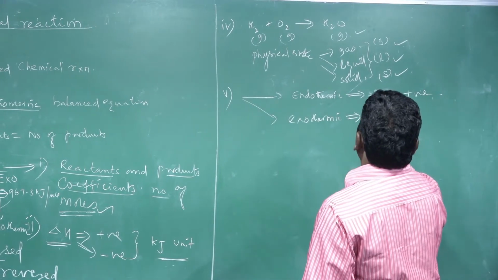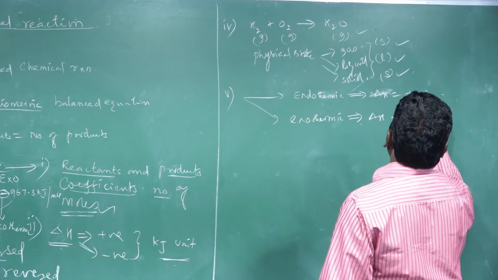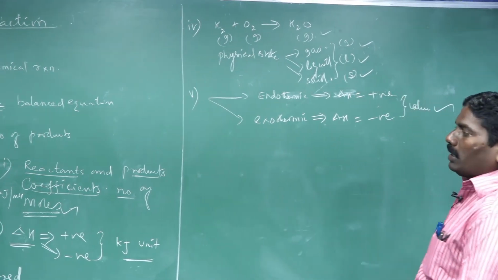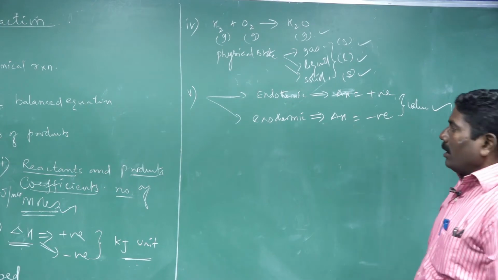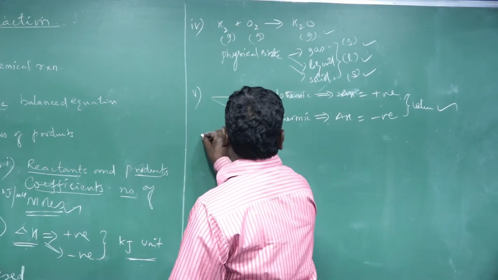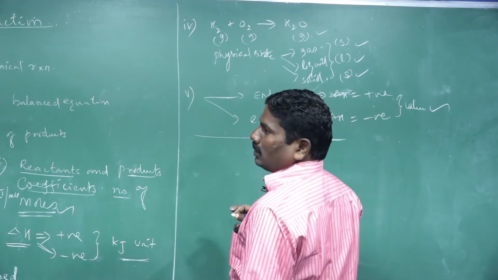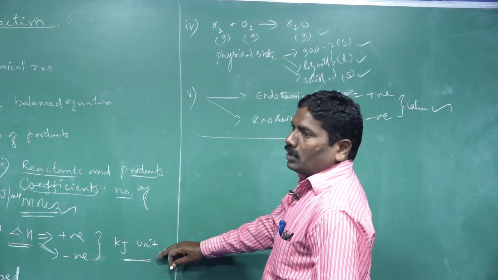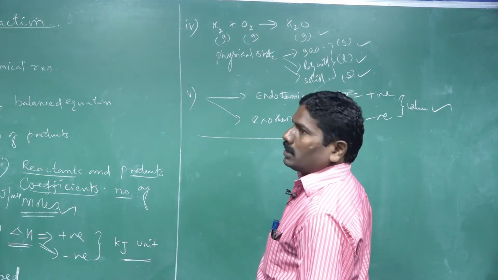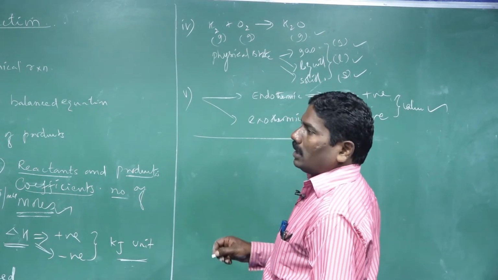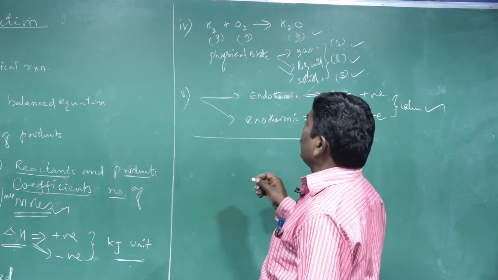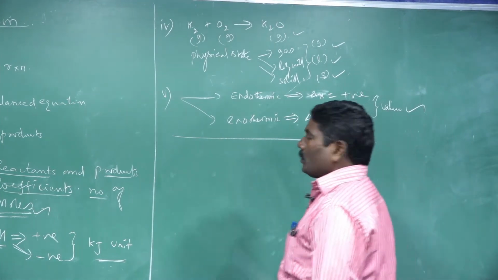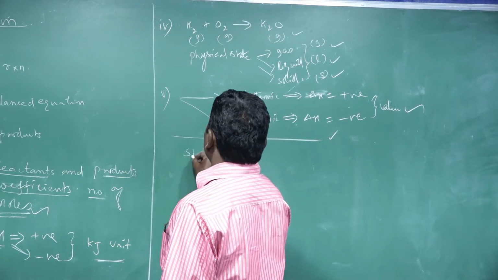If it is exothermic, delta H is a negative value. Based on this we can understand thermochemical equations. These are the convention points adopted for writing thermochemical equations. Next, we are going to see what the standard is.